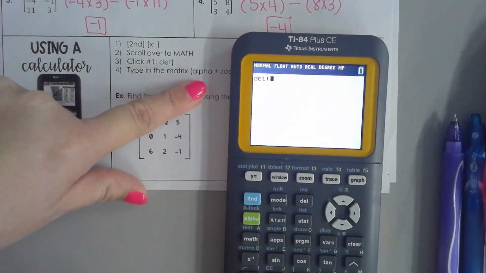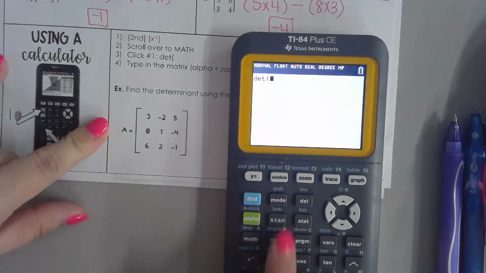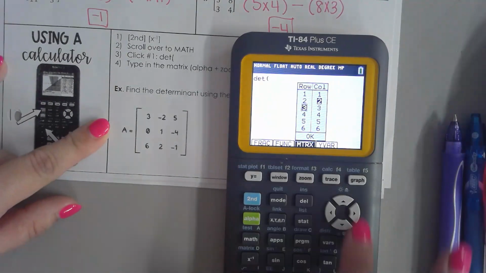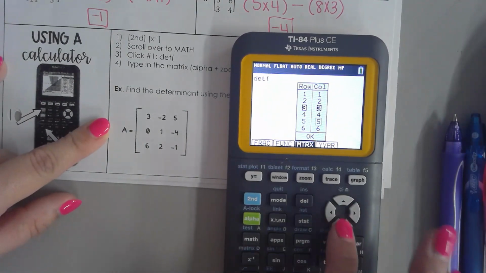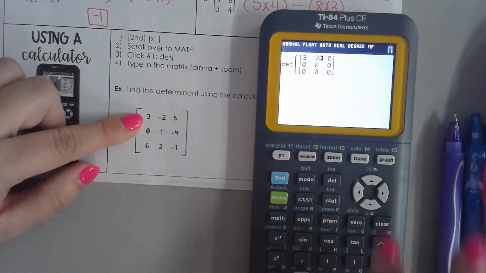So if you hit enter, it's going to bring it there, and then you type in your matrix using alpha zoom. And this is a 3 by 3 matrix. So when I go to alpha zoom, I need to change my dimensions to be a 3 by 3 and type in all of these numbers.